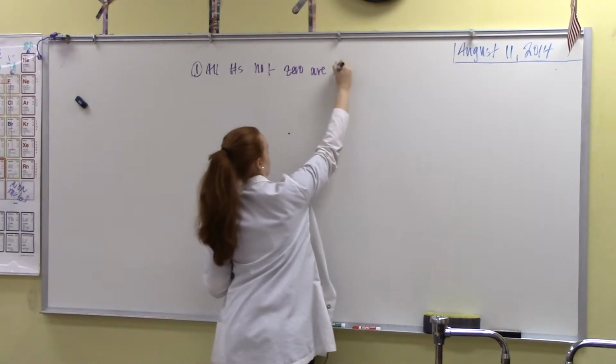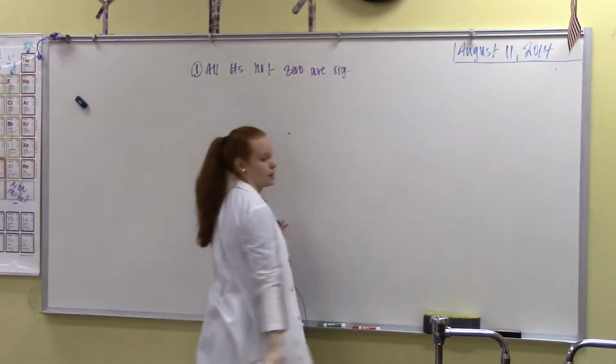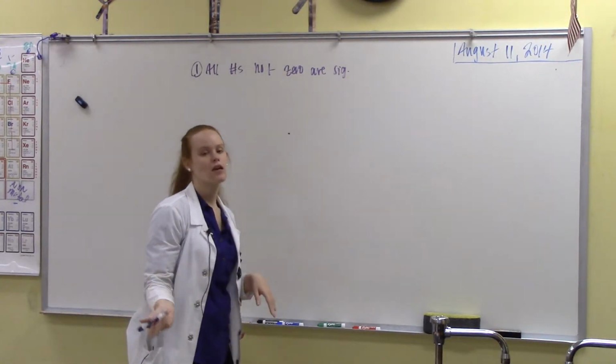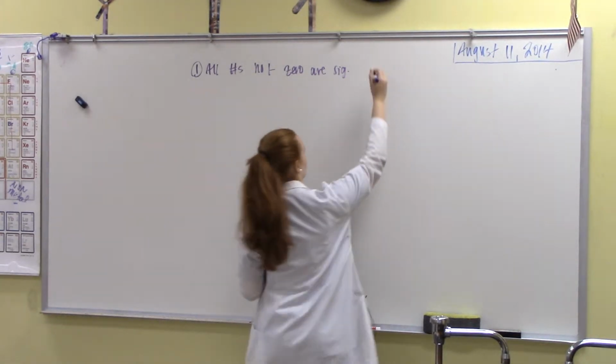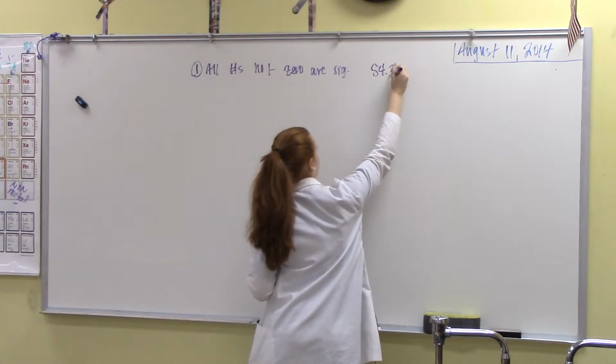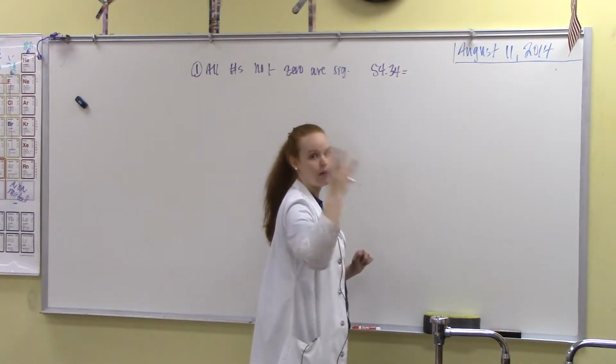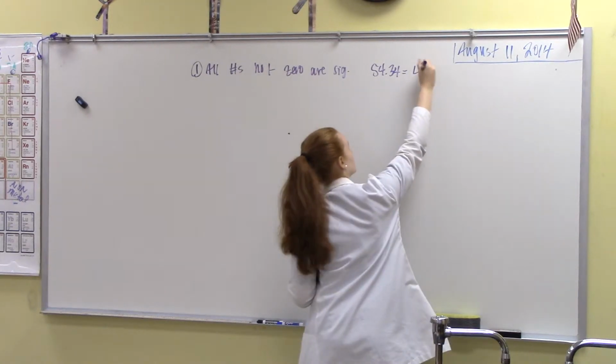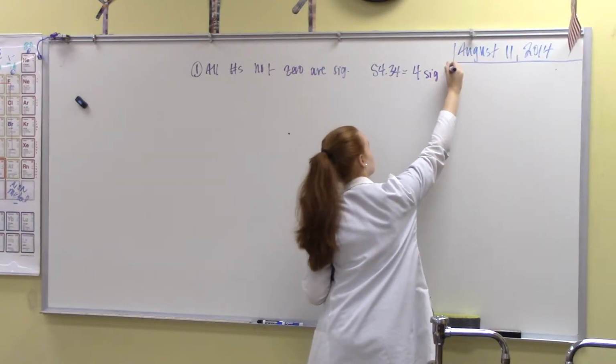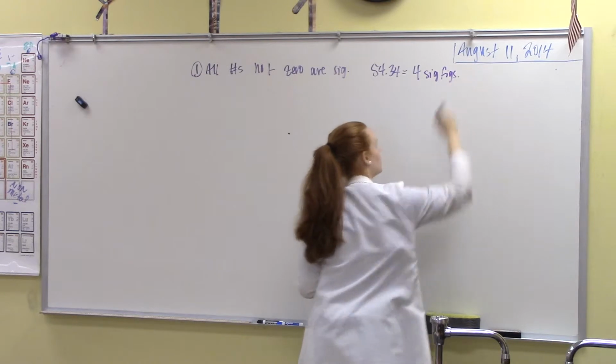I'm just going to write sig for significant. So if I had a number like 54.34, then how many sig figs do I have? I have 4 sig figs.